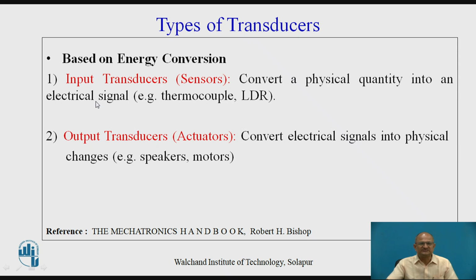The types of transducers based on energy conversion: based on energy conversion, transducers can be divided into two groups, input transducers and output transducers. Input transducers can also be termed as sensors.